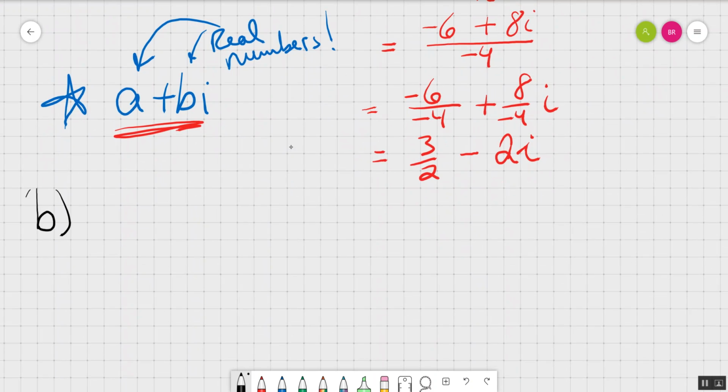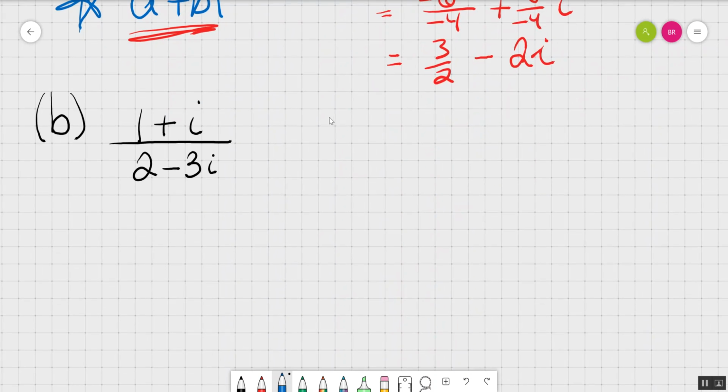Now, it becomes a little bit more difficult when you have a denominator that's a binomial. So I'm going to teach you a strategy here.